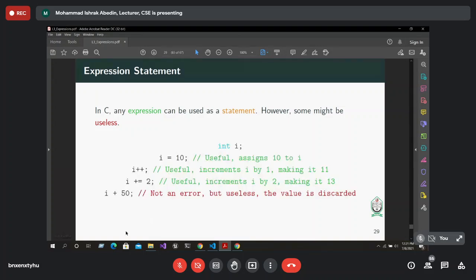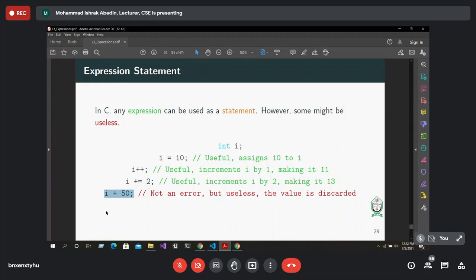So anyways, I was saying that this type of statement, i plus 50, we are not storing it anywhere, right? We are not using it in any way. We're not doing anything with it. So whether we write this line in our code or not, and plus is not an operator with side effect, will the overall outcome change?